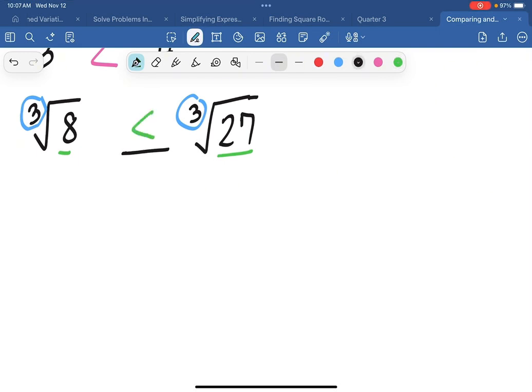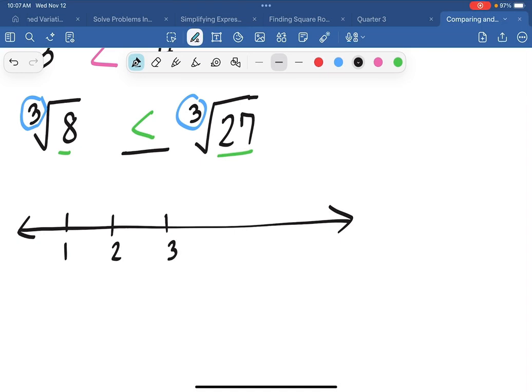But of course, let's try to have the number line for this, just for the sake of illustration. So let's have 1, 2, 3, 4, 5.